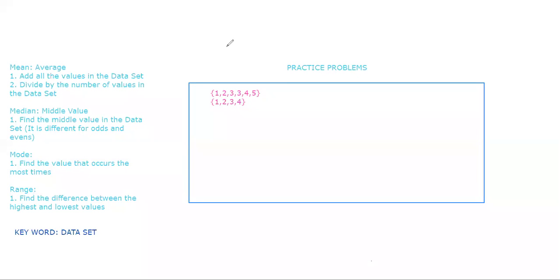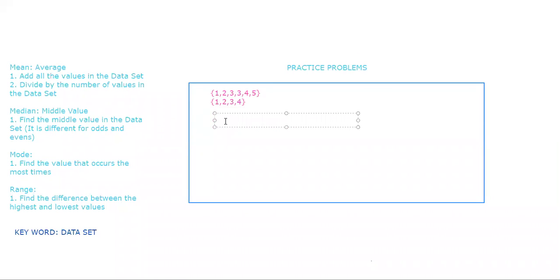So let's get started with the mean, or the average. To find the mean, you have to add all the values in the dataset. So we are going to be looking at this dataset, not this one here, only this one.